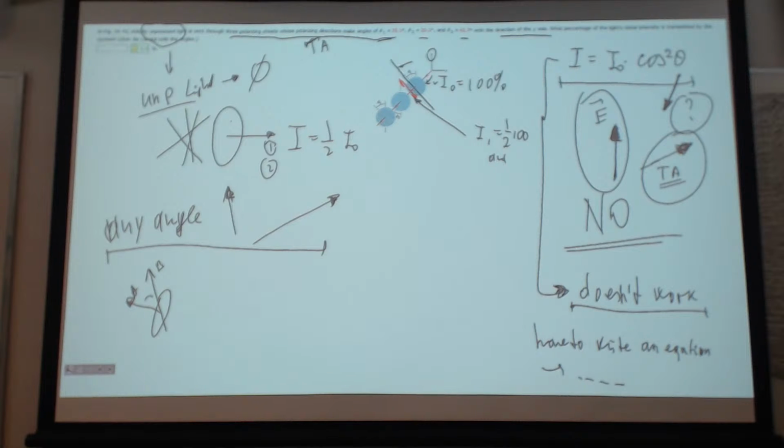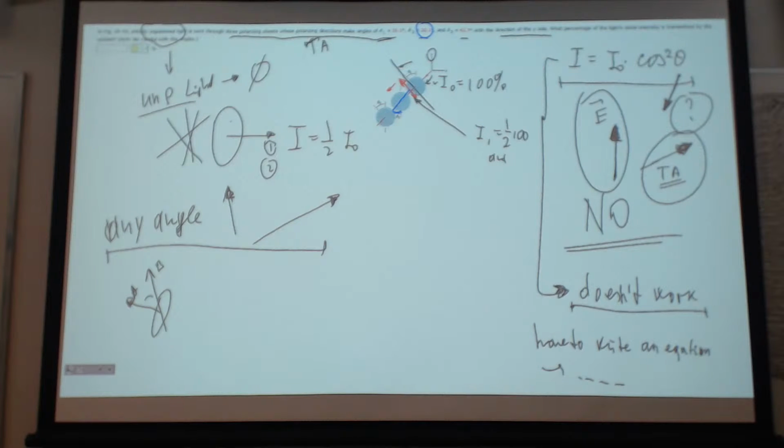Now it is polarized light, and it is approaching a new polarizer, gets through the new polarizer, and for the new polarizer, we've got the new transmission axis that looks like this. You can see it here. This angle is 20 degrees.